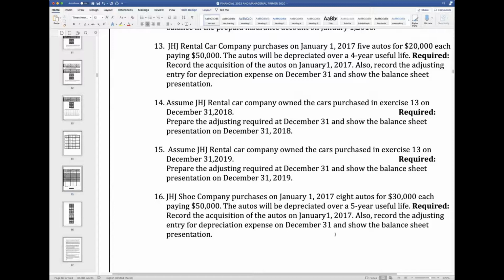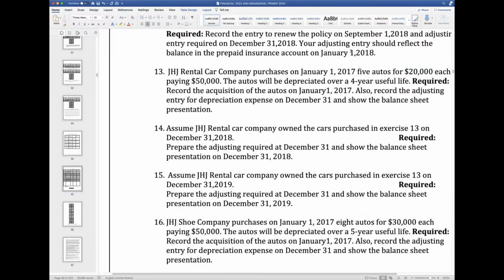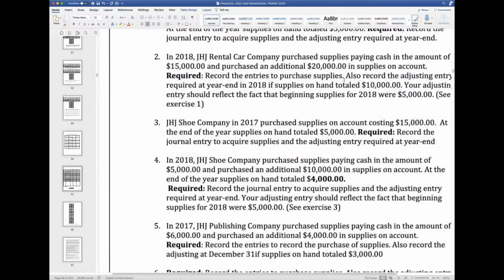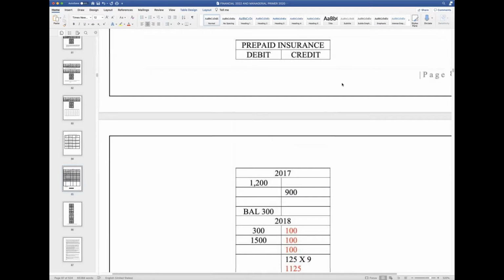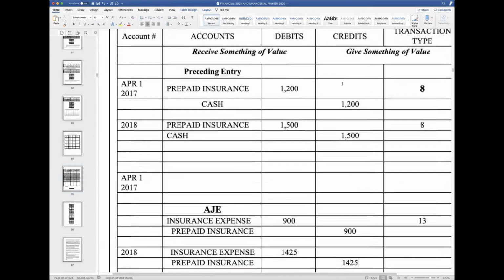So auto is going to be $20,000. You bought five of them. Wait, I read that wrong. Oh, never mind. It's 100,000, right? That's correct. Okay. Well, all mine were wrong. I did not see that 5.